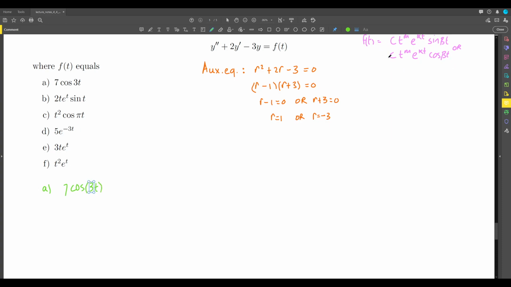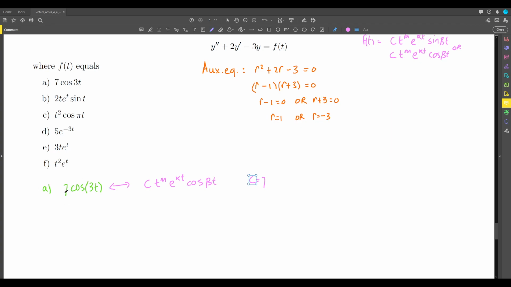So we're going to compare that with this form right here, c t to the power m e to the power alpha t cosine beta t. Okay, now we see that c equals 7. Again, this is not important because it's not going to be part of our solution.